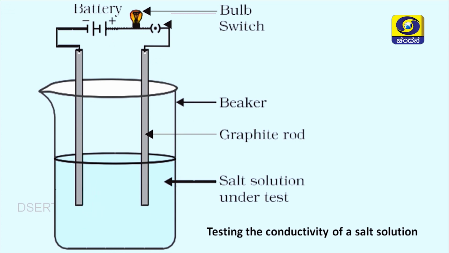And when you take the salt solution in the beaker and you have to test it. If at all the salt solution is going to conduct electricity, the bulb will glow, and if it does not, then we can understand that the salt solution does not conduct electricity.